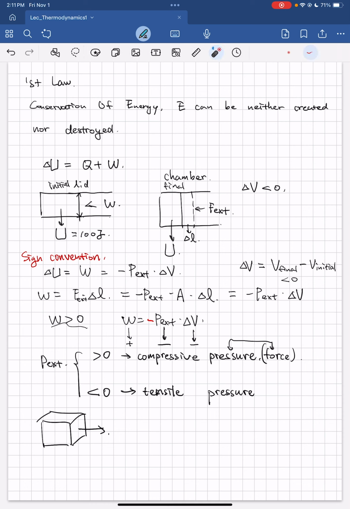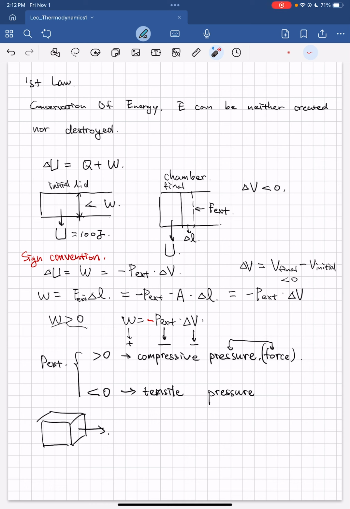If you give heat to the system, let's say you just heat it up, of course this internal energy is going to increase. So Q is positive, right?